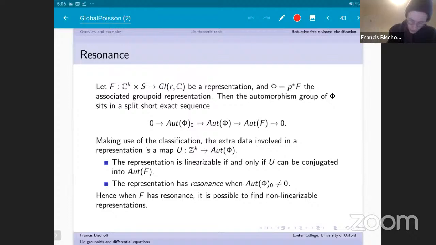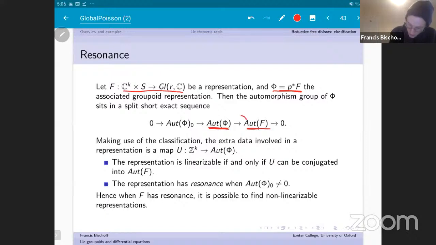So let's take a representation of a group and take the associated groupoid representation phi. Then the automorphism group of this groupoid representation lies in a split short exact sequence. So here is the automorphism group of the representation. It projects to the automorphism group of the group representation.